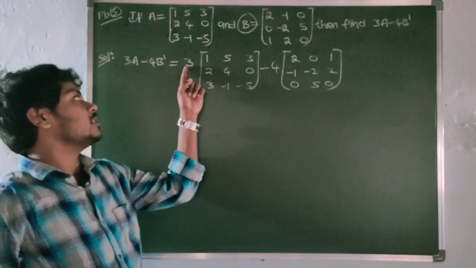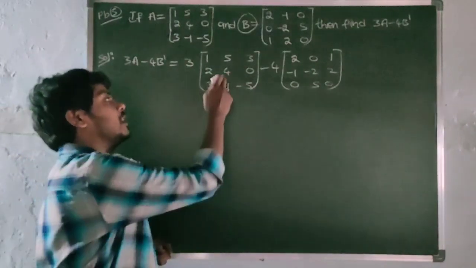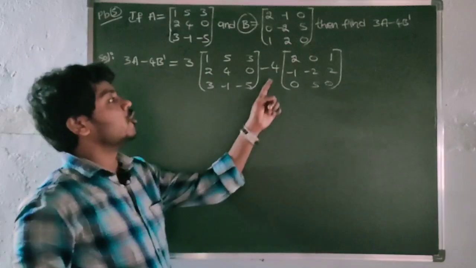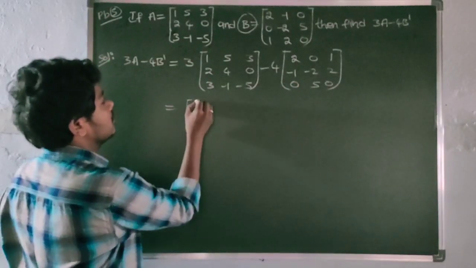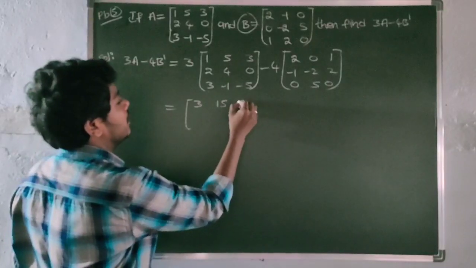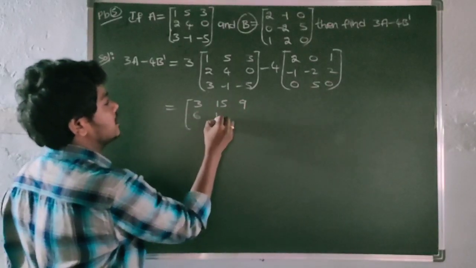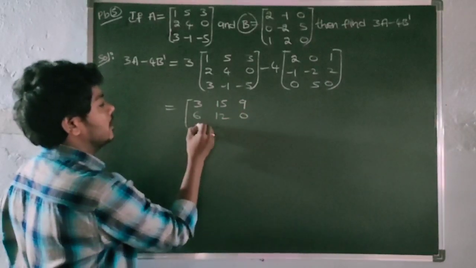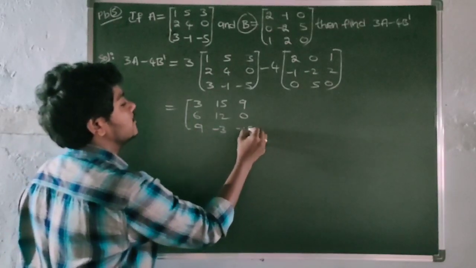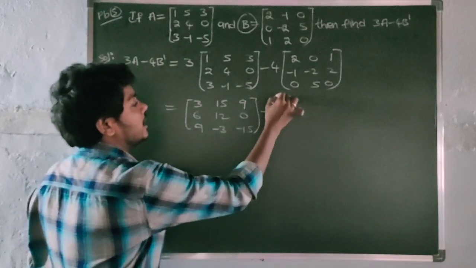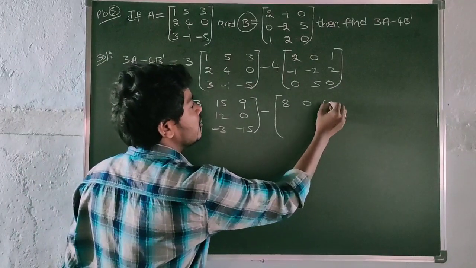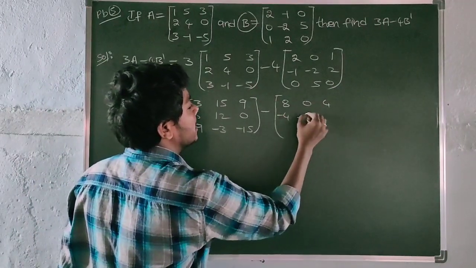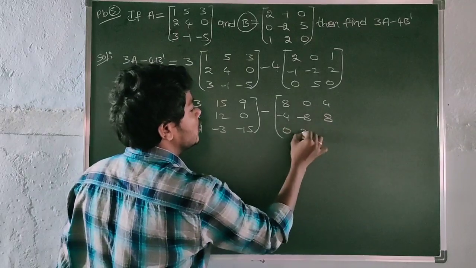Now multiply this 3 with each and every element of this matrix, and 4 with this matrix. So that is 3, 15, 9, 6, 12, 0, 9, minus 3, minus 15. Minus 4 into this: 8, 0, 4, minus 4, minus 8, 8, 0, 20, 0.